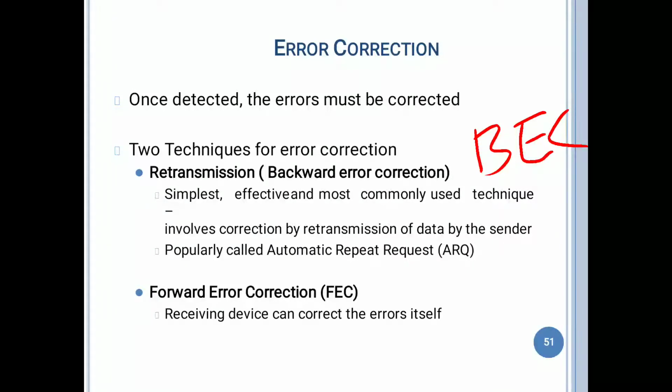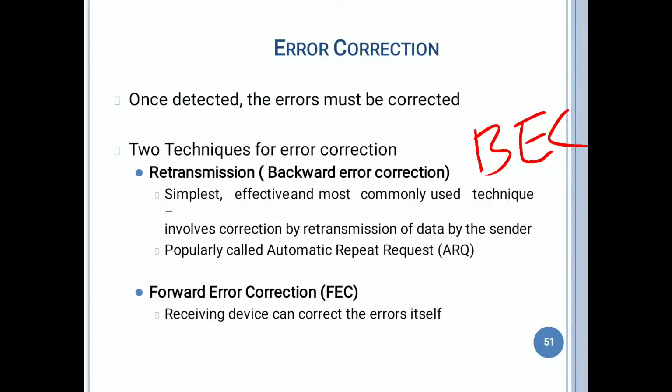For example, at the receiver side the data may be lost, or sometimes it is corrupted, and by using some detection algorithms the receiver will detect that some error occurred in the middle of the channel. Then it will apply ARQ, the automatic repeat request. By using that, the sender will receive the acknowledgement from the receiver and start retransmitting the same data. By retransmitting, we will avoid some errors.